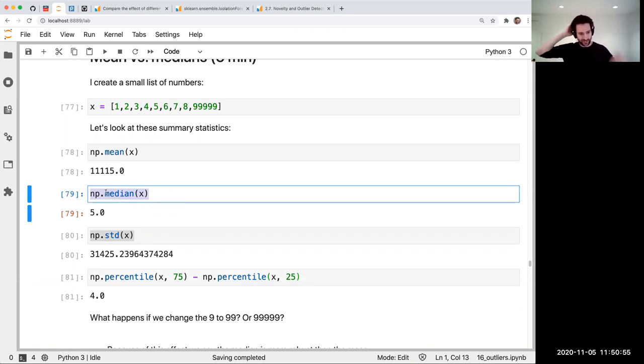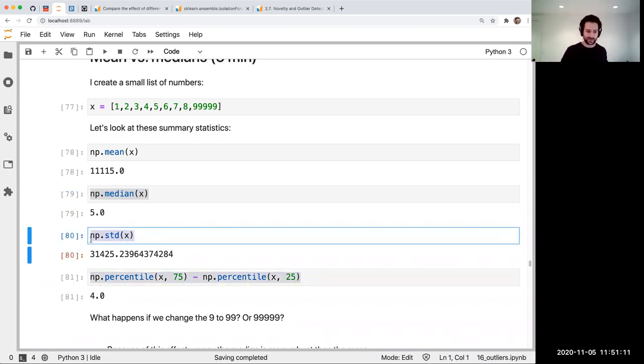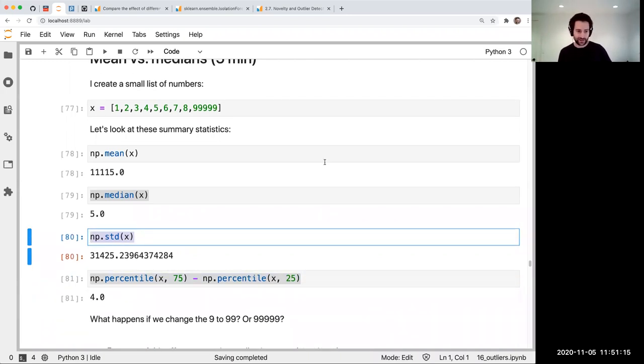If you add a big value, it doesn't really change. It is a measure of kind of where things are at that is robust, as opposed to the mean. And this interquantile range is a measure of spread, of how far apart things are, but it also ignores outliers, whereas standard deviation is also a measure of spread, but it is deeply affected by outliers.